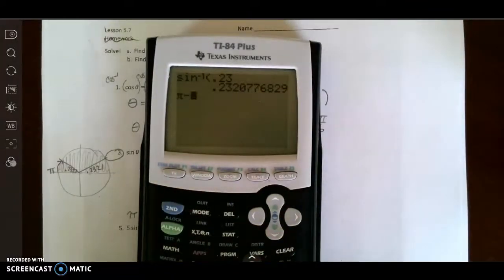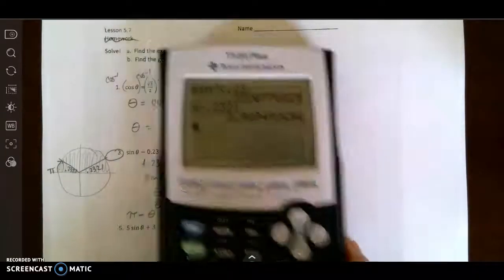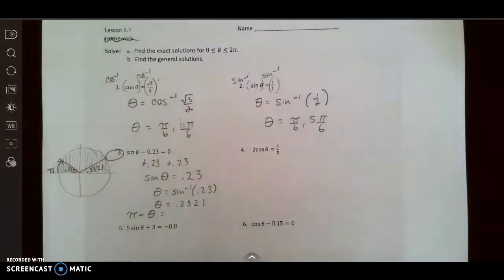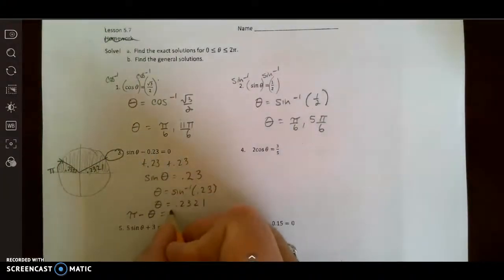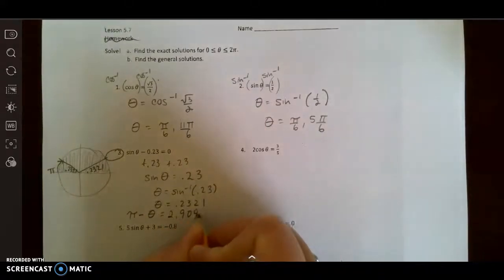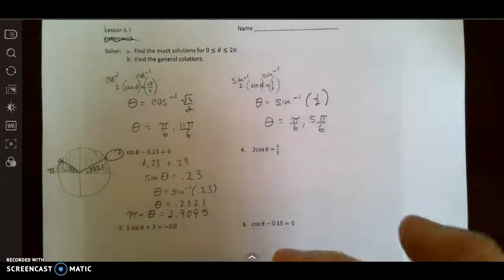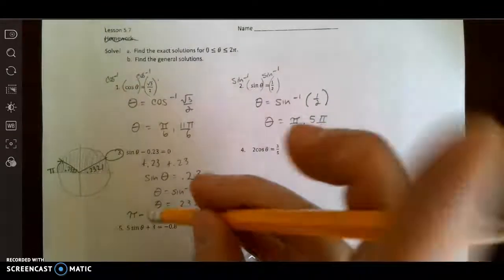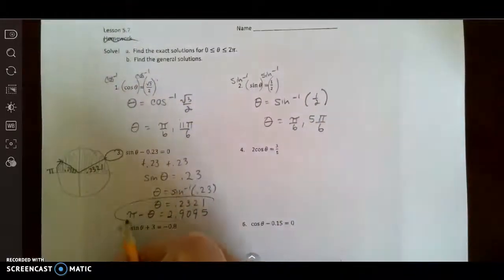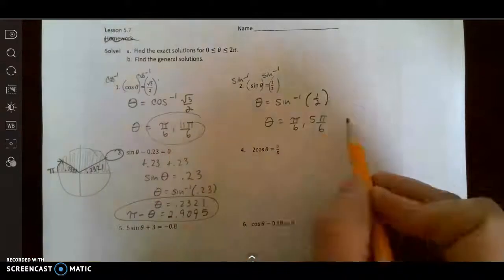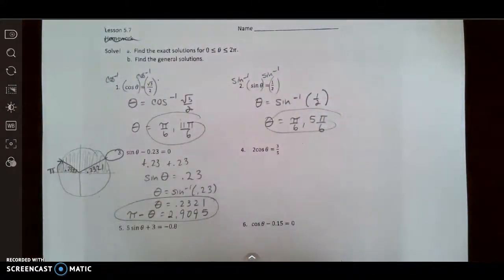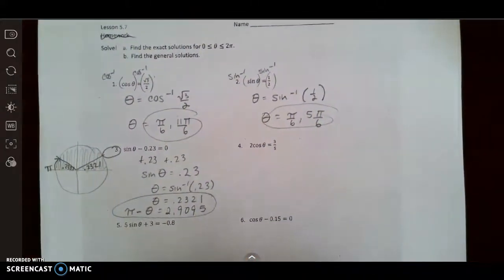Pi minus 0.2321, and I get 2.9095. All right, so those are my 2 answers there. Let's circle my answers.